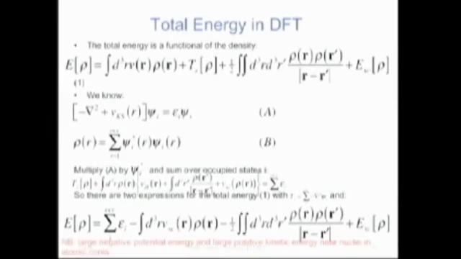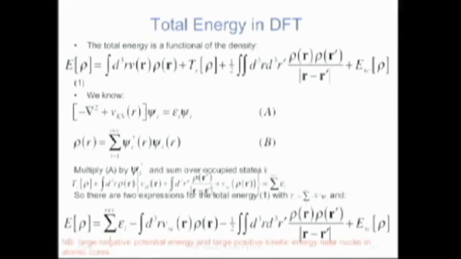The reason you can do that is written here on the slide. I don't know if I really need to go through it, but we can take this single particle Schrodinger-like equation, multiply it by psi star, sum over all the occupied states, and we find there's an expression for the sum of the eigenvalues of the occupied states. It's related to the kinetic energy plus some density functional terms. So you'll find that used in some codes.